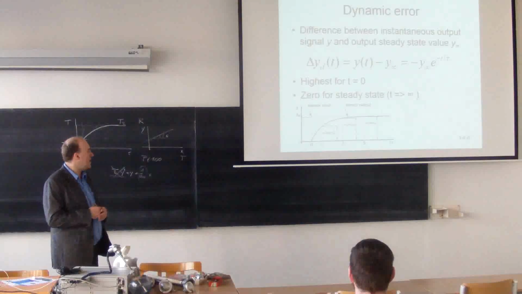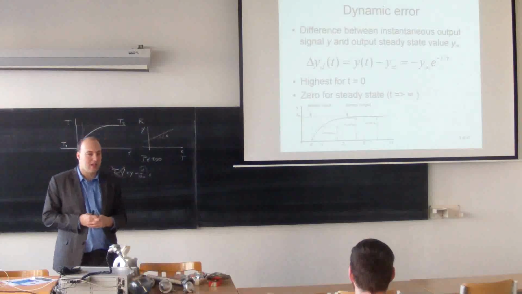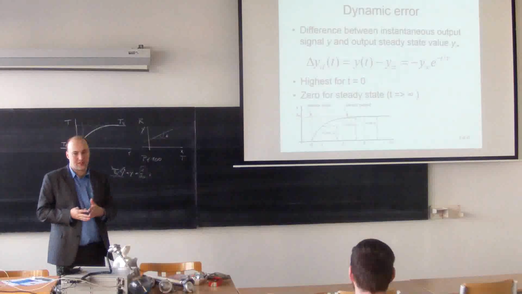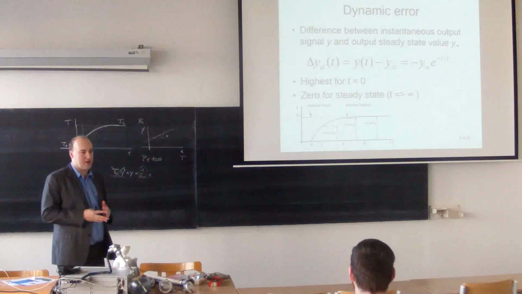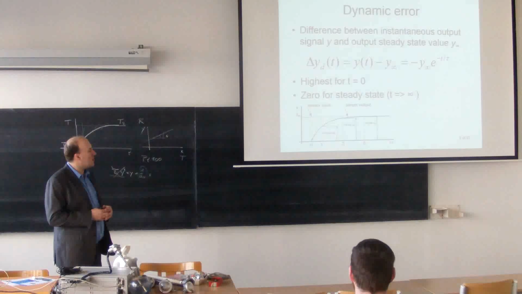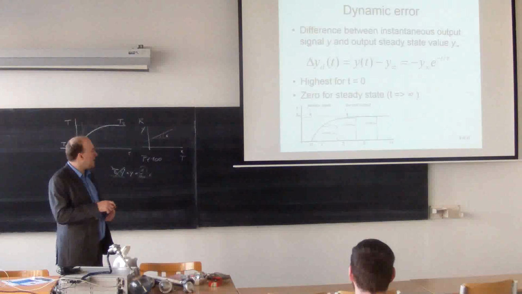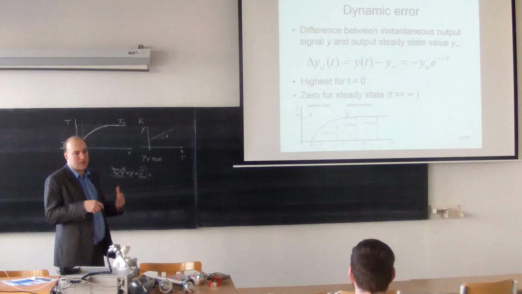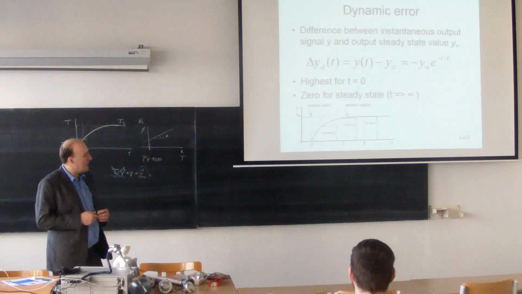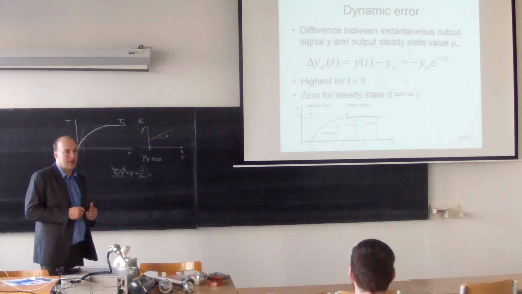So if you want to make dynamic readings in your application, you need to know the time constant of the sensor. Either you read that from some data sheet, or you can measure it with an experiment, and then you will know, okay, the time constant is 1 minute, and I have to wait 5 minutes before I'm satisfied with 99%.